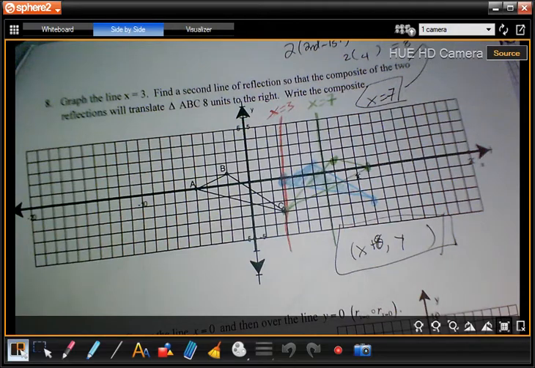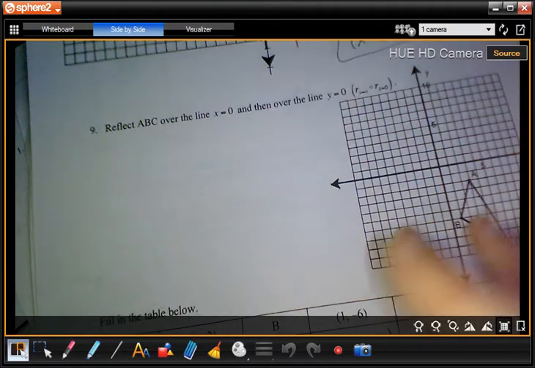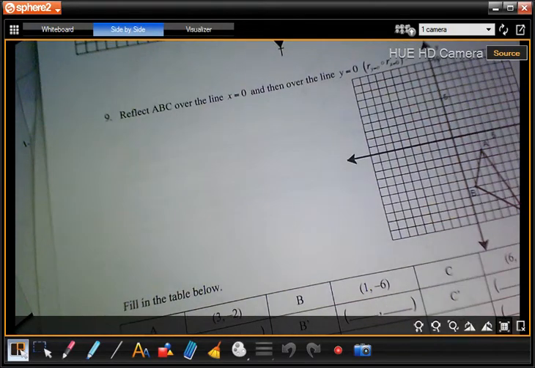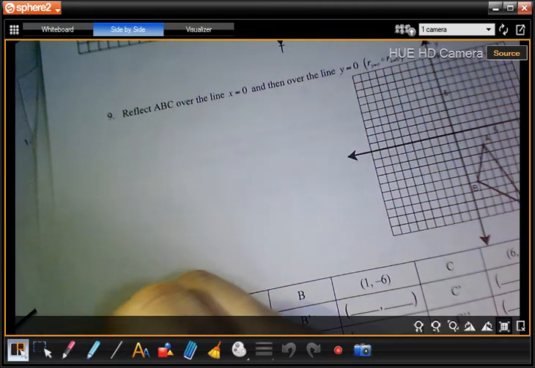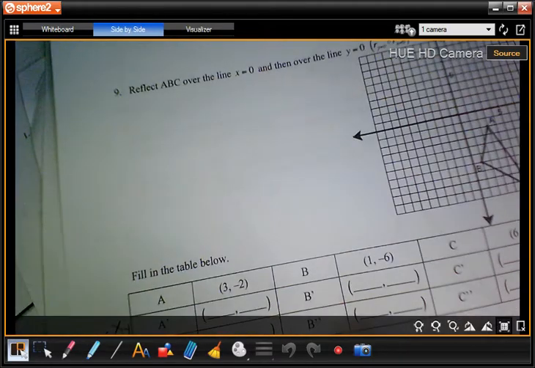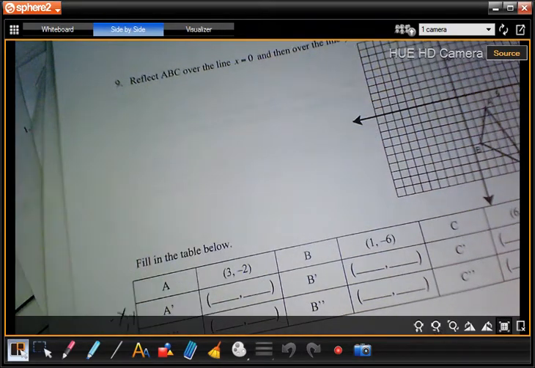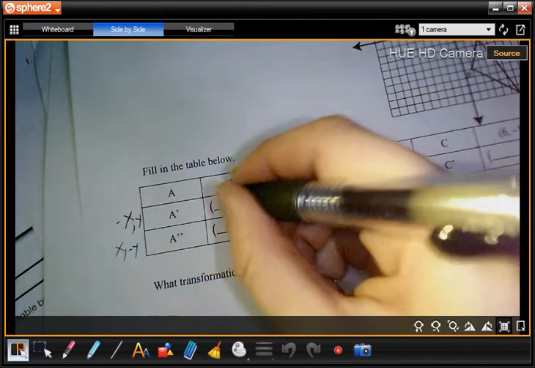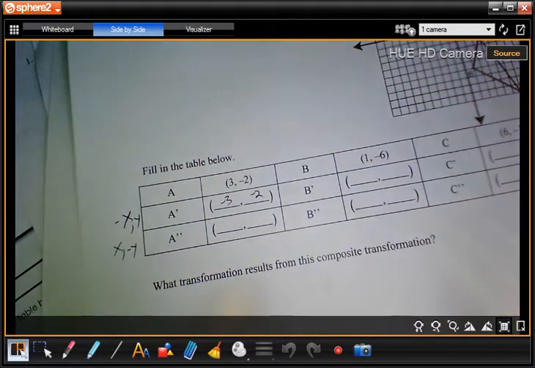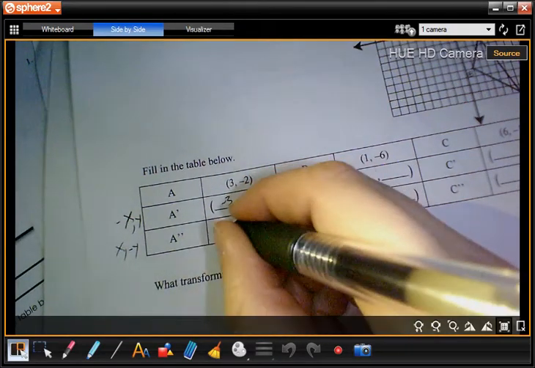Okay. Number 9. First I am going to reflect over x equals 0. So that's negative x, y. Then I'm going to reflect over y equals 0. That's x, negative y. So I'm going to go from 3, negative 2 to negative 3, negative 2. I am then going to go from negative 3, negative 2 to negative 3, 2.